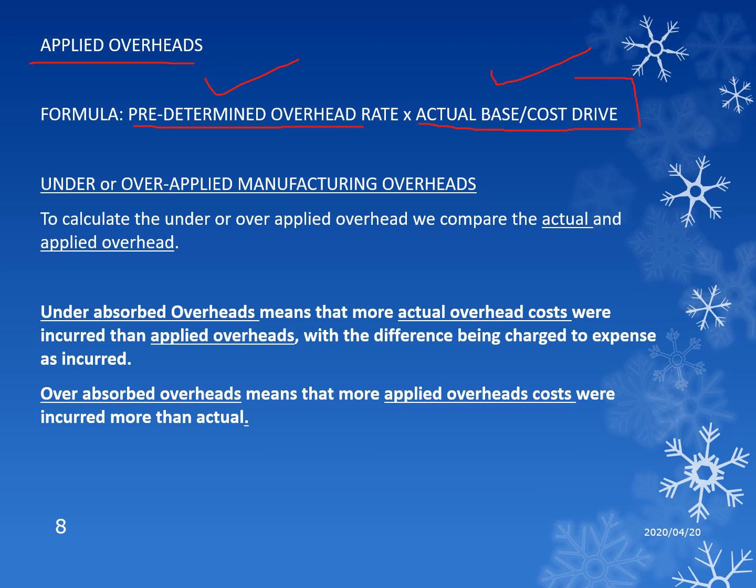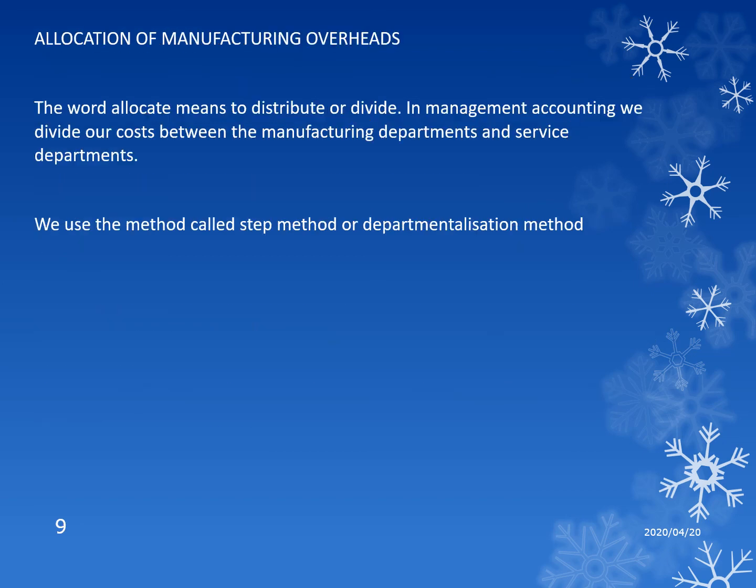Then over or under applied: to calculate it, we must compare the actual and the applied. Under absorbed overheads means more actual overhead costs were incurred than applied. Over absorbed means more overheads were applied than the actuals.